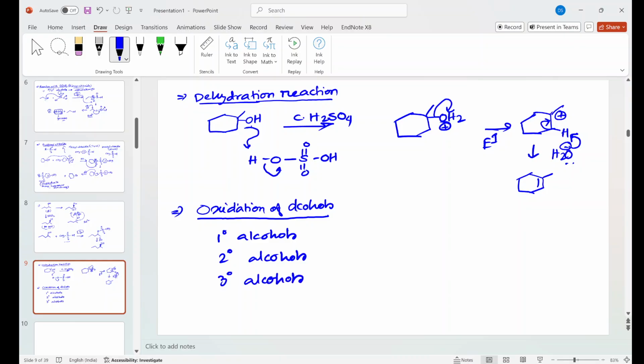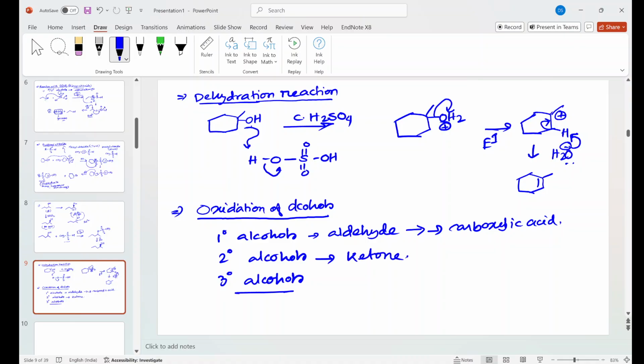If you are using a general oxidant, what will happen? 1 degree alcohol will go to the aldehyde, and it will not stop here. It will go further to the carboxylic acid. If you are using 2 degree alcohol, it will stop at ketone. But 3 degree alcohol, generally you cannot do the oxidation. It will not oxidize, no reaction.